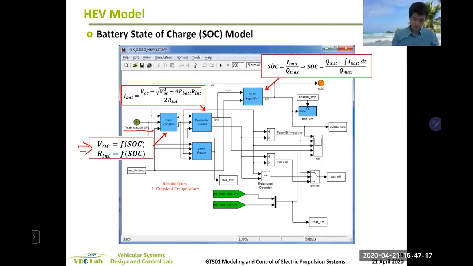And then using open circuit voltage and resistance value, you compute current. So you have battery power, you have resistance, you have voltage, you have all the information you need to compute battery current. And using that current, we can compute SOC dot and SOC finally by integrating current over time. Okay.